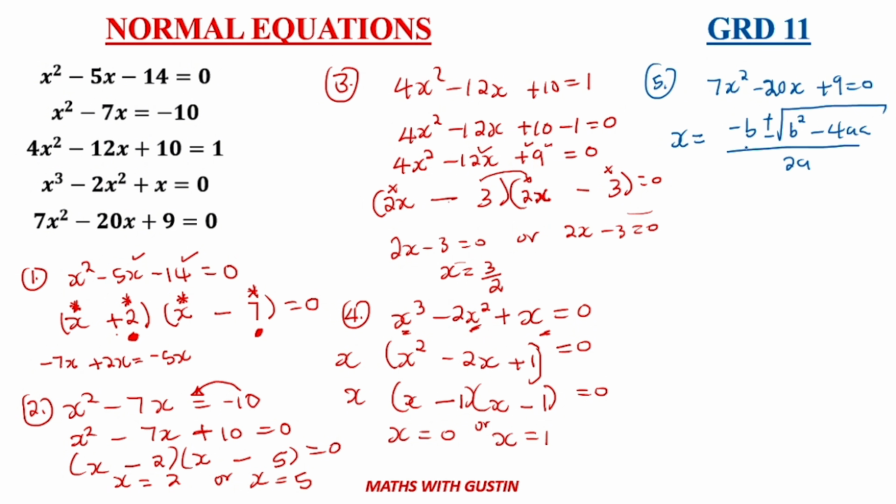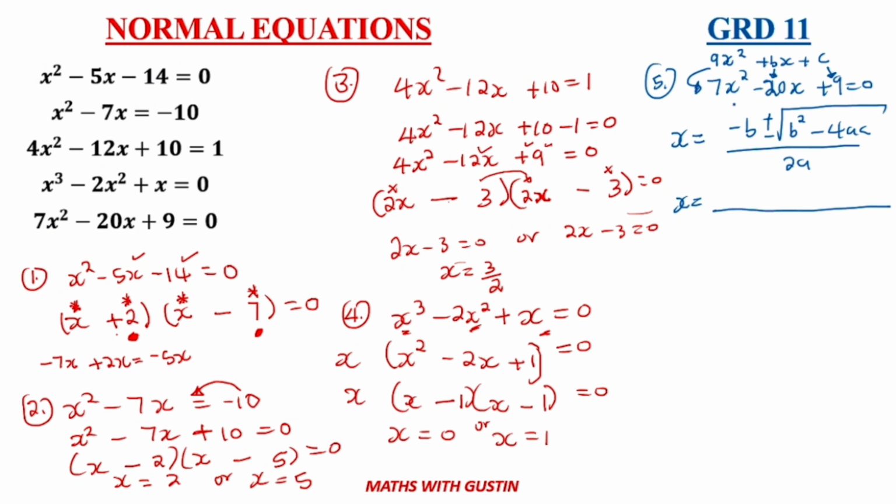The quadratic formula is given in the format ax squared plus or minus bx plus c. In this case, a is 7, b is negative 20, and c is positive 9. Please take note of that. Now you just take those numbers and substitute them into this formula. Let's go ahead and do that.